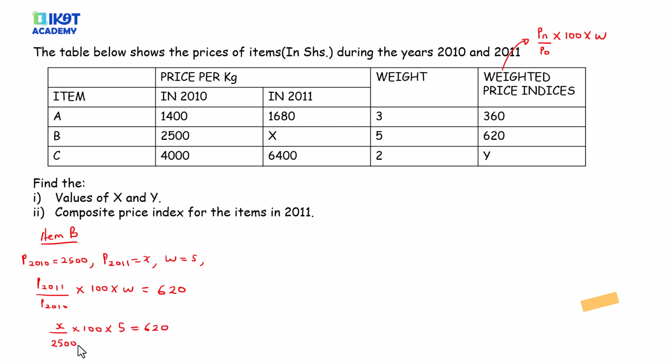Here you make X the subject, and you find your value of X is 3100. You do the same for item C. I think I can pause and everyone tries item C. Okay, let's just do it together.